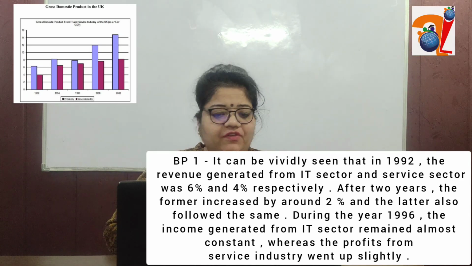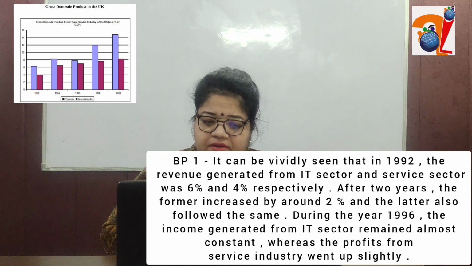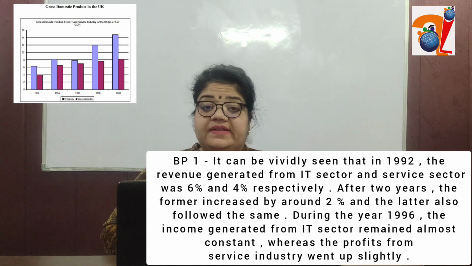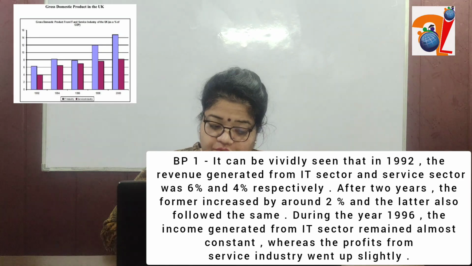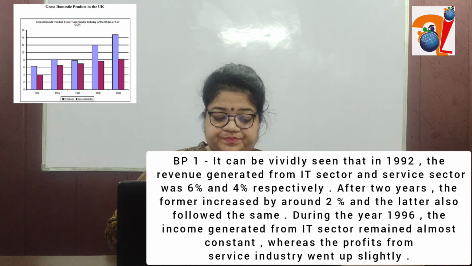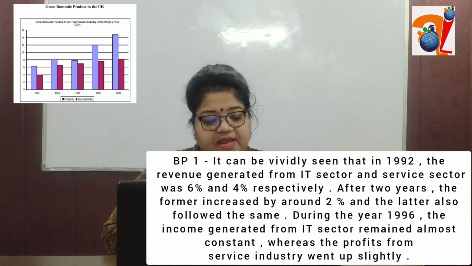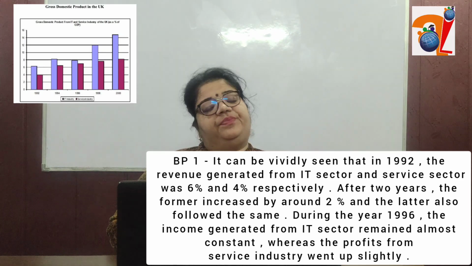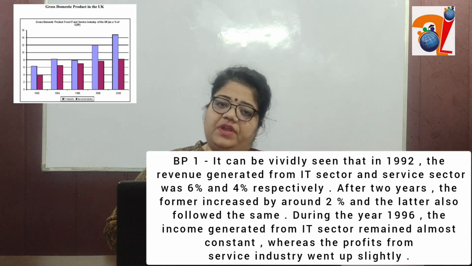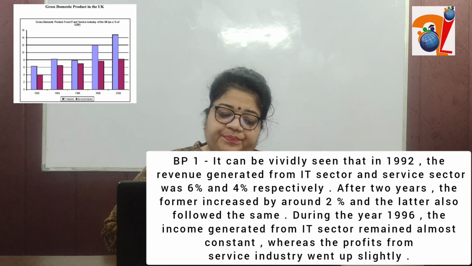So again we have used a synonym for the income, for the profits, as it is GDP. The revenue generated from IT sector and service sector was 6% and 4% respectively. So we have framed a very simple sentence.